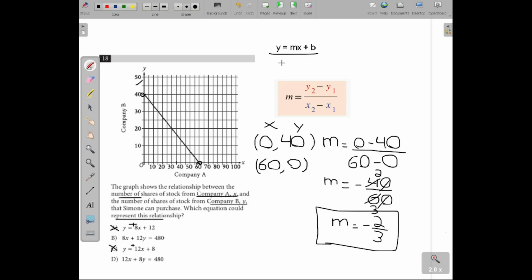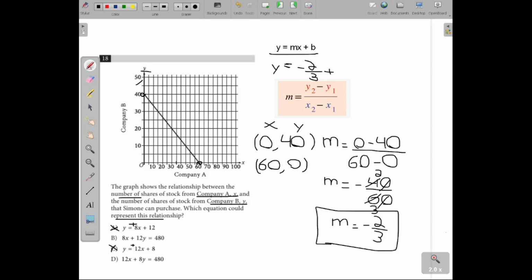Let's find our equation, which is equal to, this is the formula for a line. So y is equal to the slope that we just found, minus 2/3 x, plus b is the y-intercept.